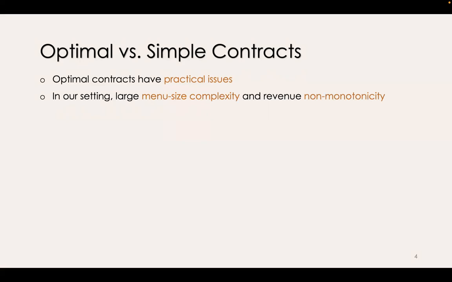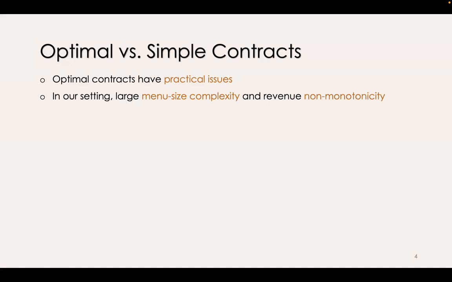Additionally, we show non-monotonicity of the revenue with respect to the type distribution. So when the type distribution is more concentrated on stronger types that are easier to incentivize, the revenue can sometimes be lower. And these properties are obviously undesirable in practice and motivate the study of simple contracts.